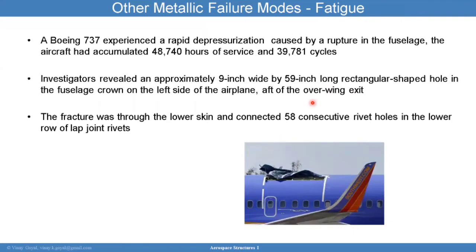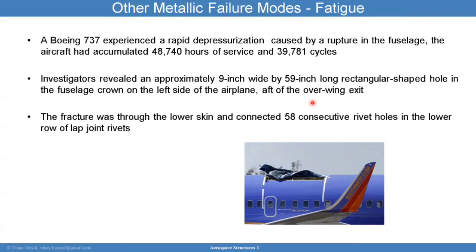We also have the Southwest Airlines Boeing 737 rapid depressurization, which is caused by a rupture in the fuselage. The aircraft had accumulated 48,740 hours of service and 39,701 cycles.